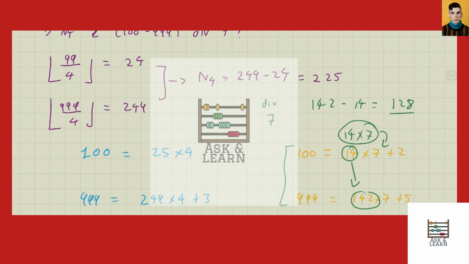But in this case, 100, the 25 times 4, is in the interval. We need to count this number. So if we choose in the same manner as in the one that was divisible by 7, we need to take 249 minus 25, but we need to add a plus 1 because that one consists in this number, the 25 times 4.